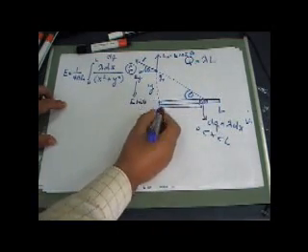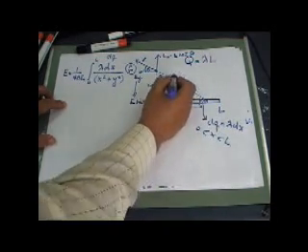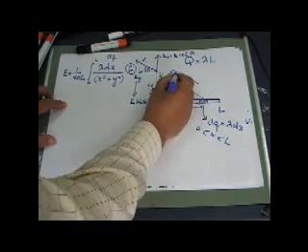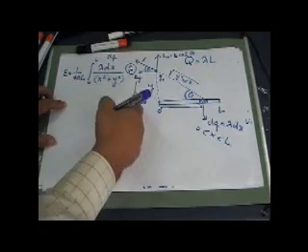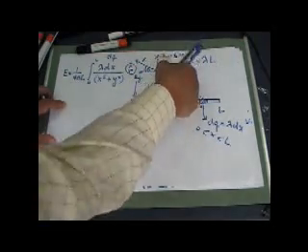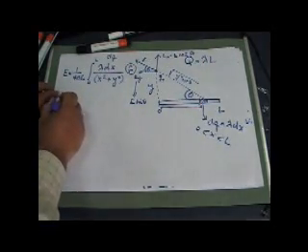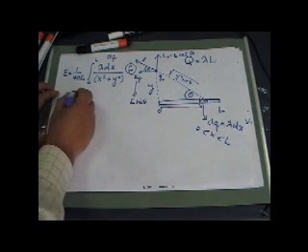So cosine theta will be x over r, which is the square root of y squared plus x squared. So I have two integrals that I have to solve.